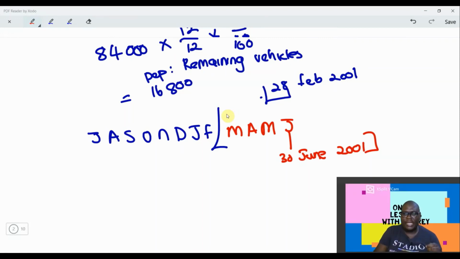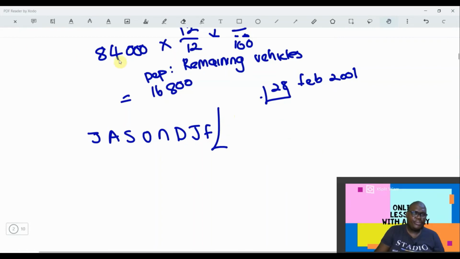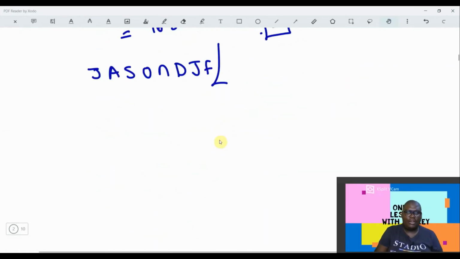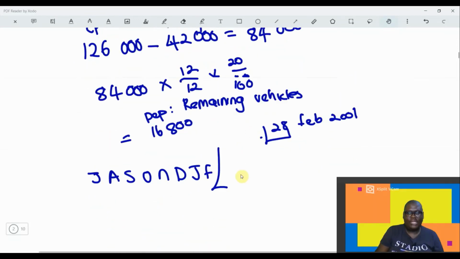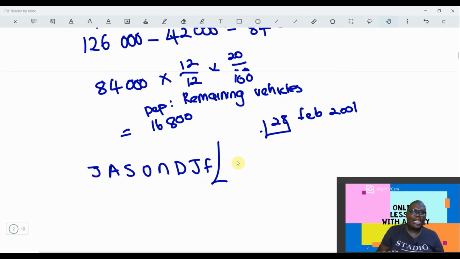It was only there with me for 1 day at the end of the month, which we cannot count. So it means you're going to start calculating depreciation from March, April, May, and June.